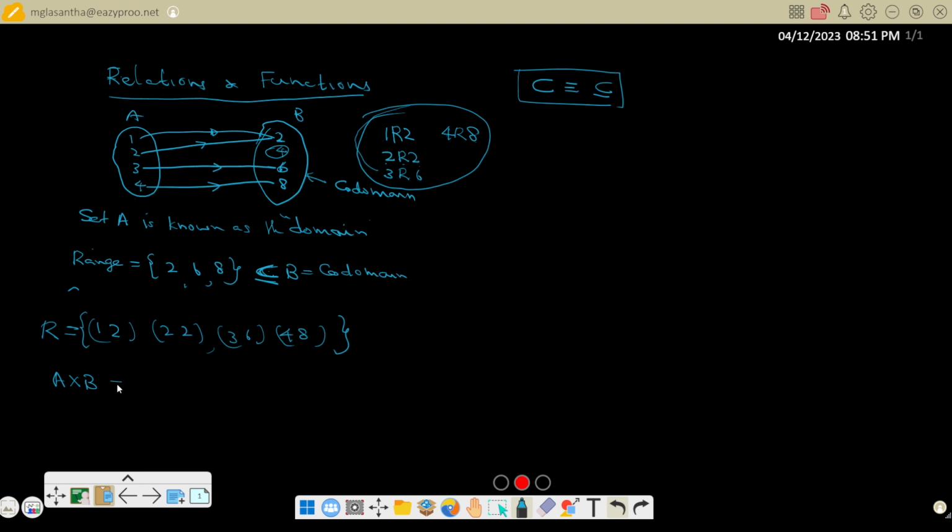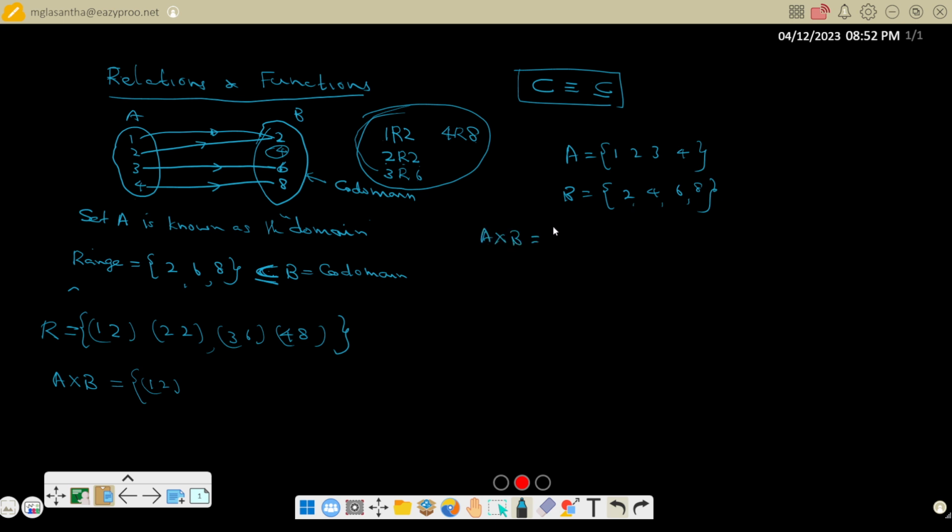Set A is 1, 2, 3, 4. Set B is 2, 4, 6, 8. Then the Cartesian product is A cross B.